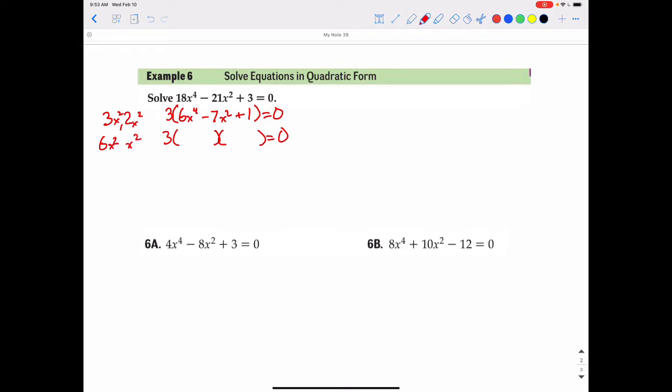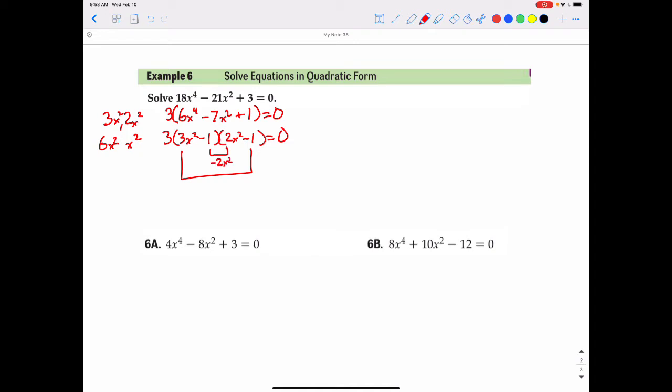And if you try 3x squared and 2x squared, then you've got to figure out 2 numbers that multiply to be 1, but then add together to be negative 7x squared. And the only 2 numbers that multiply together to be 1 would be 1 and 1. They both would have to be negative in order to multiply to be positive 1, but add to be negative 7. But notice it doesn't work out.